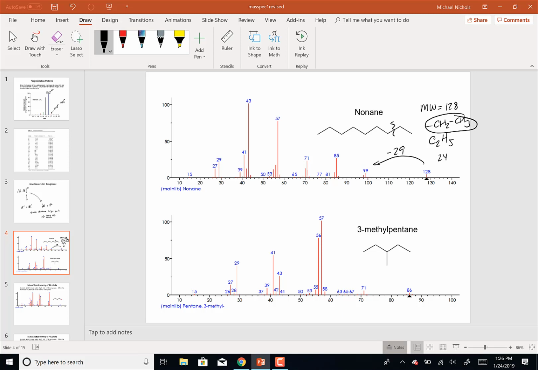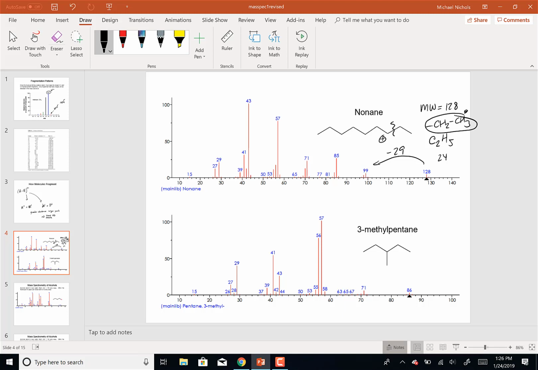What you're left with. Because the thing that you're going to be left with is usually going to be the most stable carbocation. So if I lose a CH2CH3 radical, that means what's left over here is a C7H whatever plus one, the carbocation.